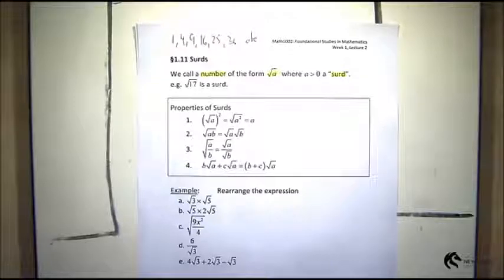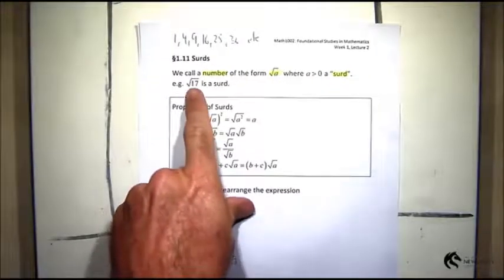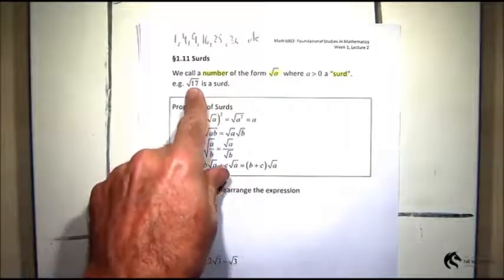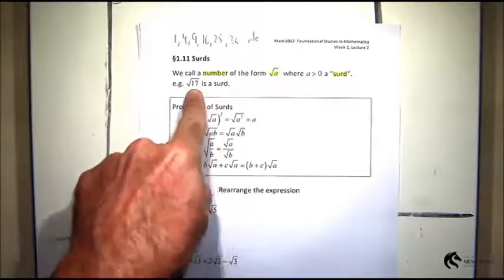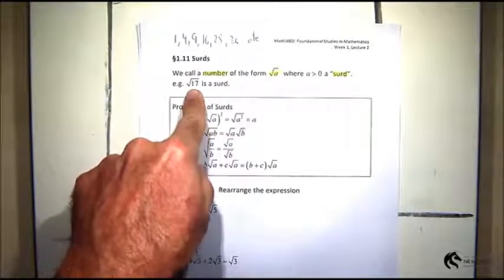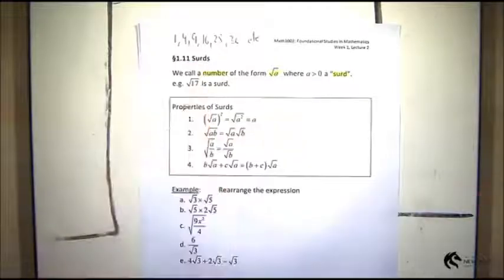So in other words, you can't write down very easily the exact value of these things, and so we tend to leave it just as the square root of 17. That's the exact value. As soon as you try to write down a decimal, you only get an approximate value.